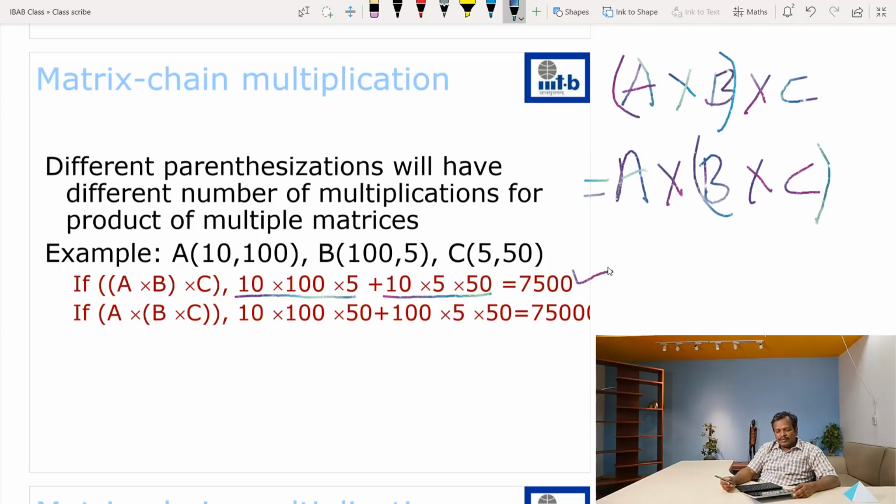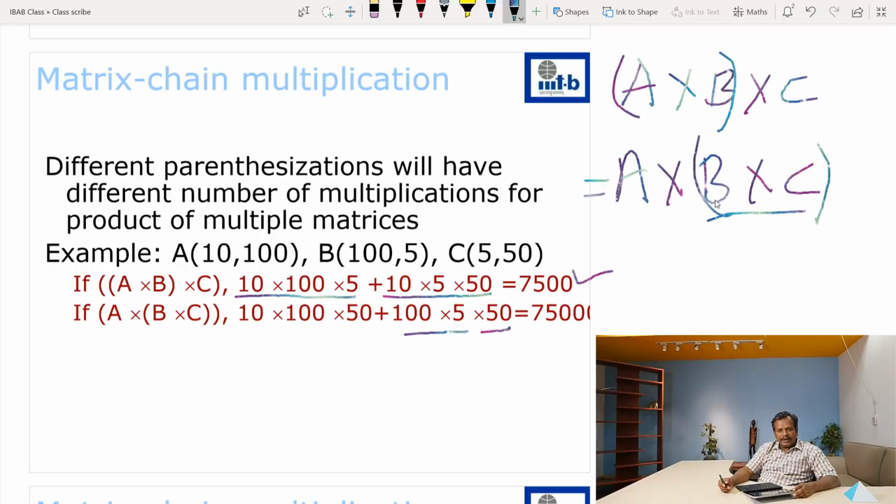The other alternative way of multiplying is that you multiply B and C first. The number of multiplications required to multiply B cross C is 100 into 5 into 50, where the size of B is 100 into 5 and the size of C is 5 into 50, and the resultant matrix will be 100 into 50.